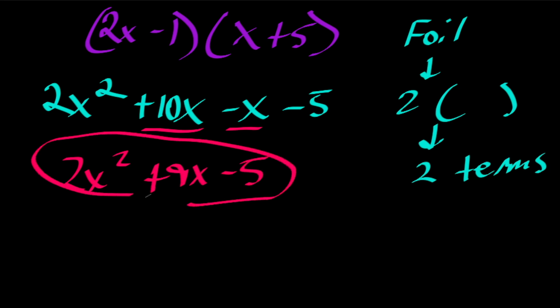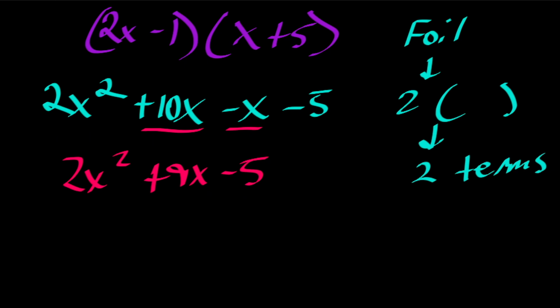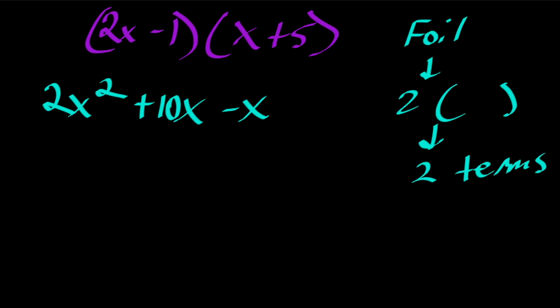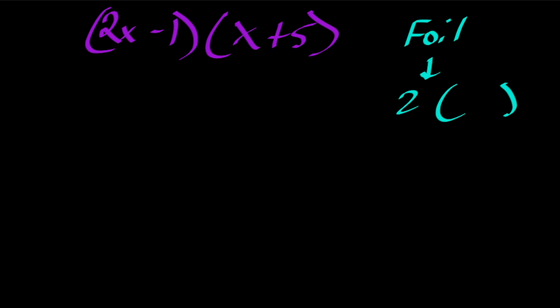So there's my answer. Now this is already in standard form, and here's why. My exponents are in descending order, greatest to least, so that would be a good way to write my answer. Now, I just want to show you another way you can do this multiplying, which is the same process as FOIL, it's just about what you call it. Some people will say distribute twice.